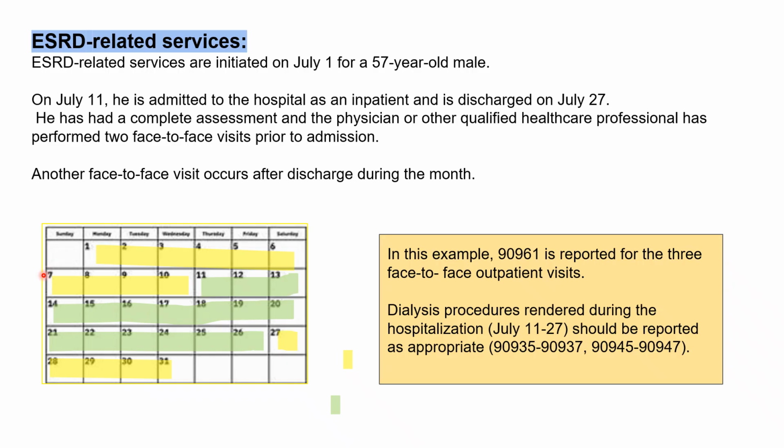So outpatient service was not a full month service. But there is a mention of the words complete assessment. So though the service is not a full month, we are considering it as a full month service. The age of the patient is 57 and 3 face-to-face visits. So we can pick up the code 90961 because that will fulfill our age as well as the face-to-face criteria.